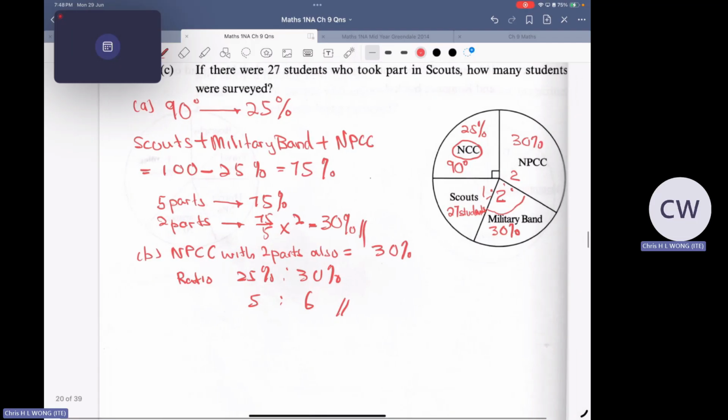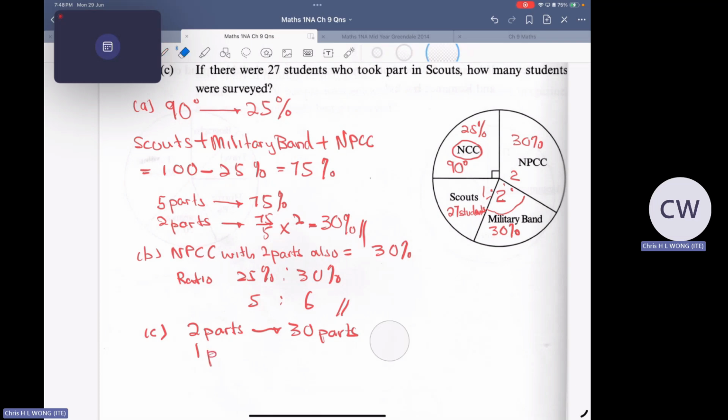So C, let's do C. Two parts give you 30%. All I need to do is to find out one part. Why one? Because Scout is one part. So I want to find out one part, how many percent? Two parts is 30%.